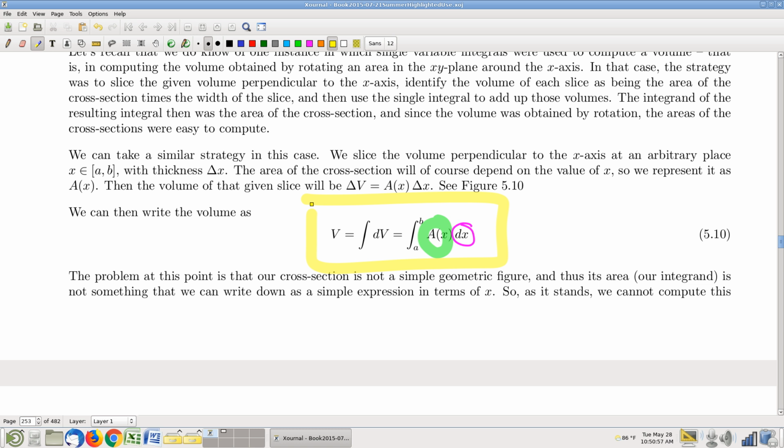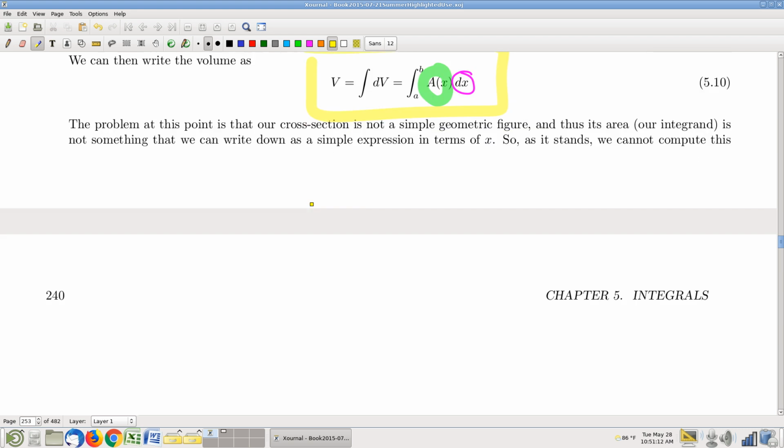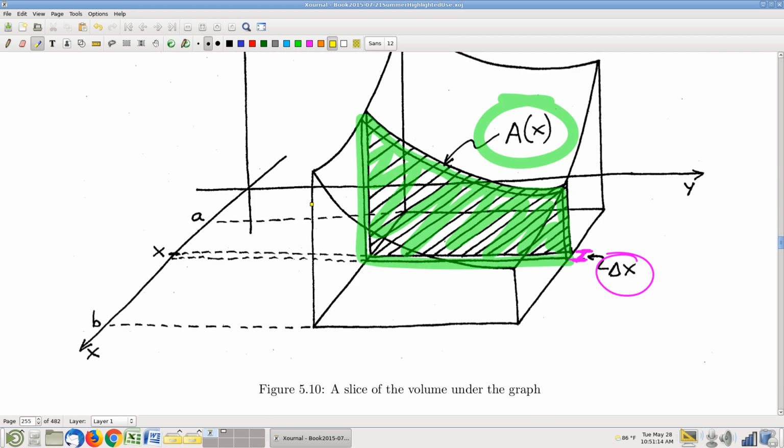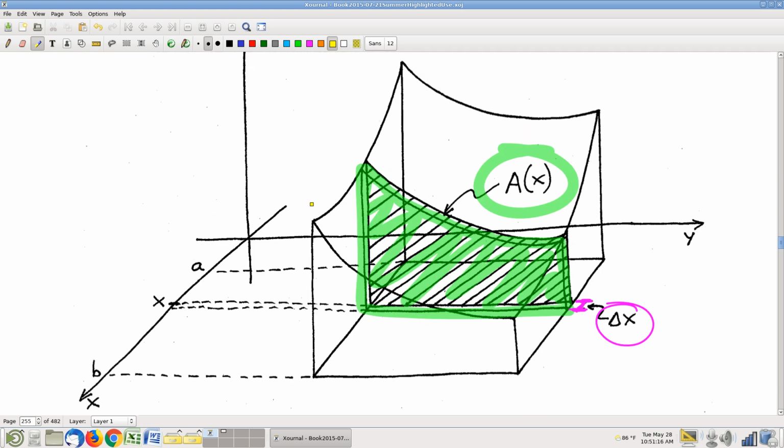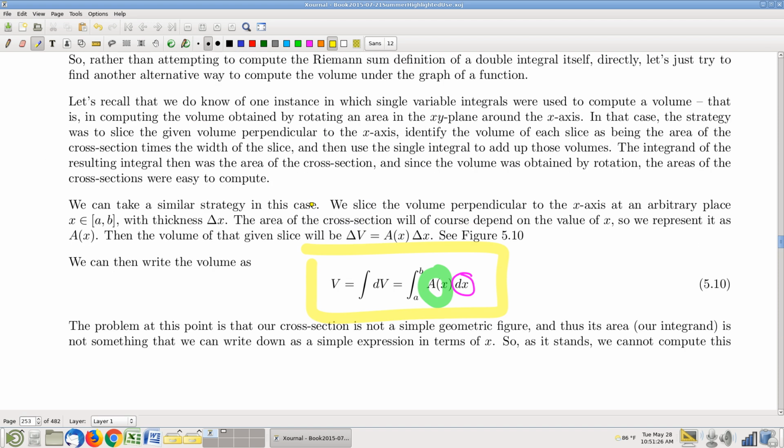We know the formula for the area of a disk. Do I know the formula for an area if it's not a barnyard-type common geometric figure? Well, not really, right? This A of x, that's that area there. It's not a disk, and it's not a variation on a disk, and it's not a triangle, and it's not a rectangle.